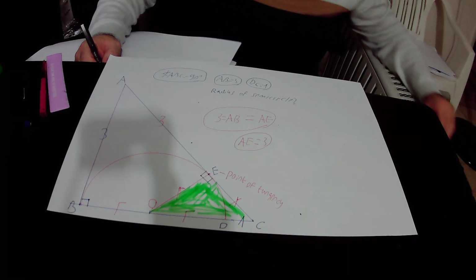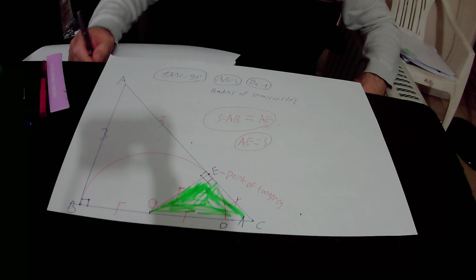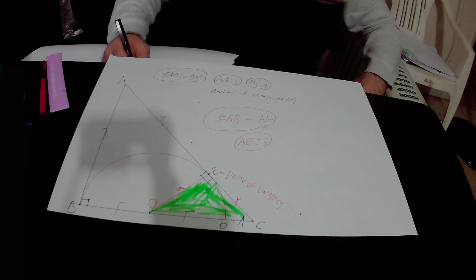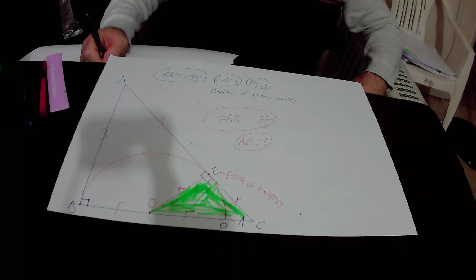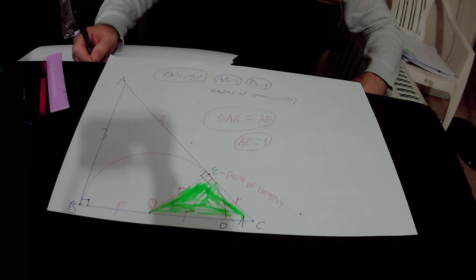So we will focus on triangle ABC, the right big triangle, and the green small triangle, triangle OEC.